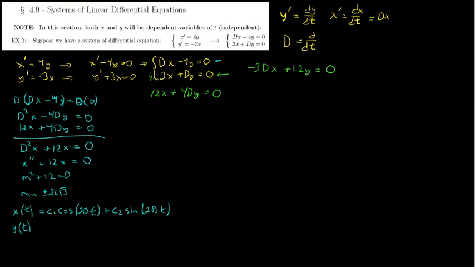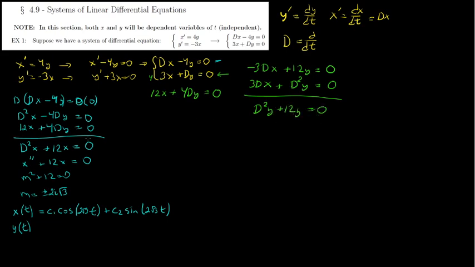And if we take d of the second one, we get positive 3 dx plus d dy, which is, again, second derivative of y, and then the derivative of 0 is still 0, right? So now we can eliminate the x's here. This just adds up to 0. And now we get 12y plus d squared y, or reversing it, d squared y plus 12y equals 0.